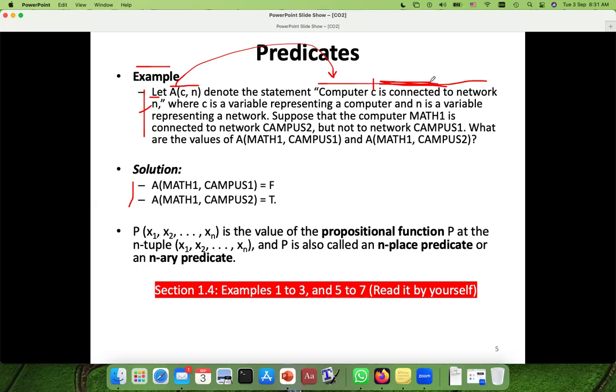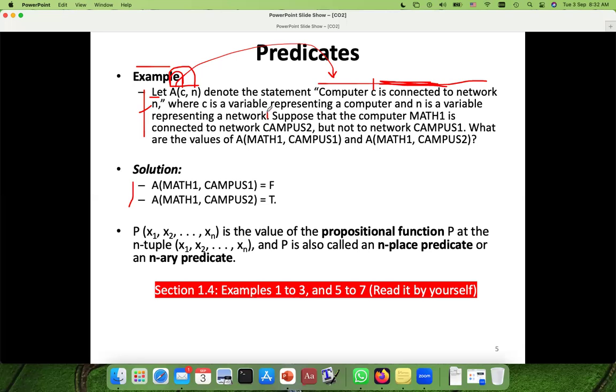You have to look at the verb, and then it will be easy for you to identify where the predicate is. So then you can write A of C comma N. What does it mean? It means that computer C is connected to network N, where C is a variable representing computer, N is a variable representing network.